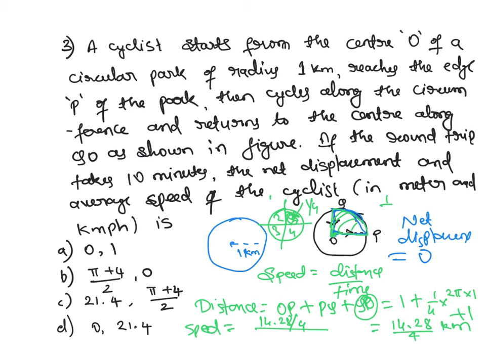Now the time is 10 minutes. You need to convert it into hours, so that is 10 by 60 hour. Which will lead you to get the answer as 21.42 kilometer per hour. That's the reason why option D is the right answer for this question.